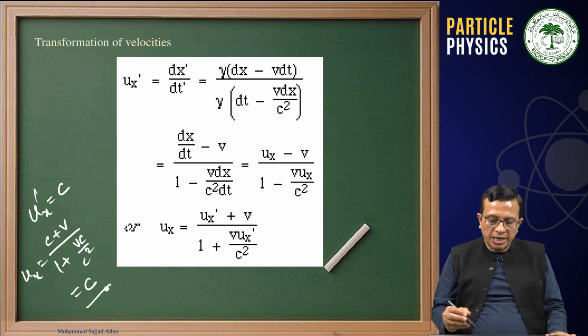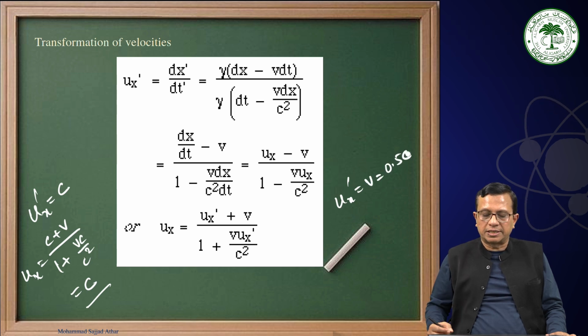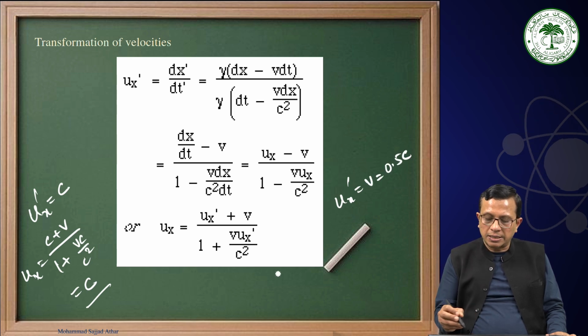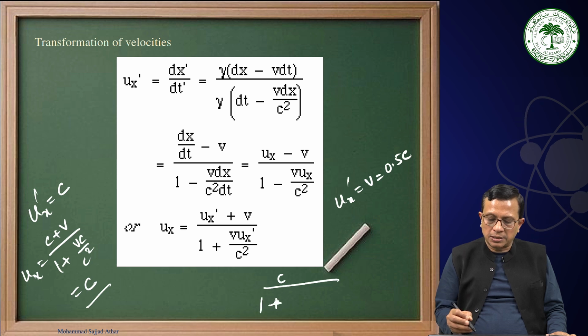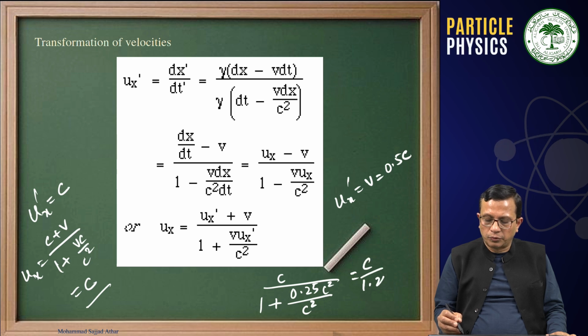And then if I take ux prime equal to v equal to 0.5 c, for example, then you will realize that 0.5 c plus 0.5 c will give you c, and the denominator is 1 plus 0.5 into 0.5, that is 0.25 c square by c square. Therefore, this is c upon 1.25.